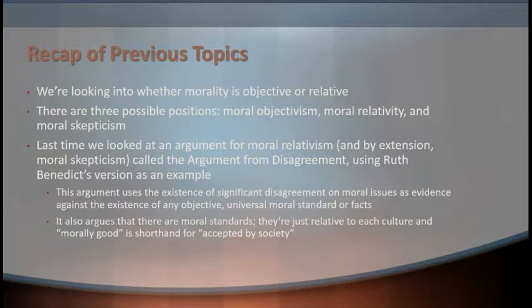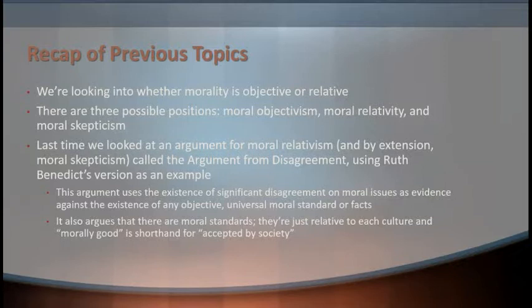Now, last time we looked at an argument for moral relativism, and by extension moral skepticism, called the argument from disagreement, using Ruth Benedict's version as an example. The argument from disagreement uses the existence of significant disagreement about moral issues as evidence against the existence of any objective, universal moral standards or facts. Now, it's also an argument for relativism because it still argues that there are moral standards.